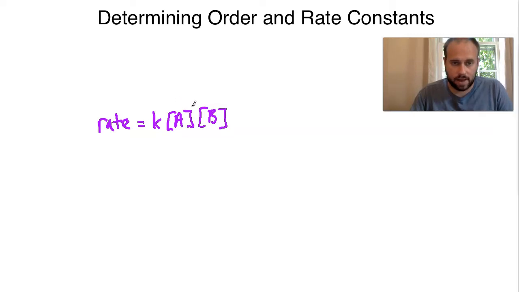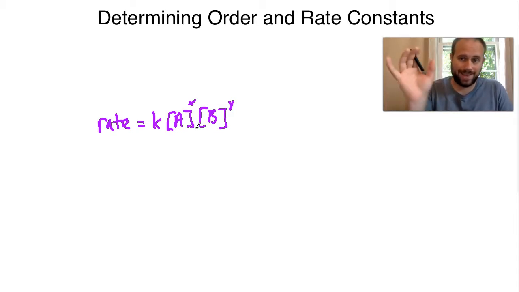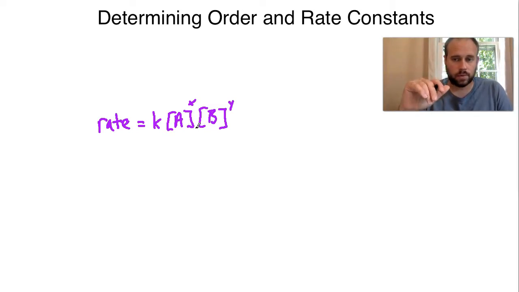Now there are values, we'll call them X and Y for right now, that these can be raised to. Those are different than the stoichiometric values. So if you remember in equilibrium, we take the stoichiometric coefficients and we raise the concentrations to that power. That's not what happens with rate laws. We have to actually experimentally determine these values and decide what gets plugged in there.